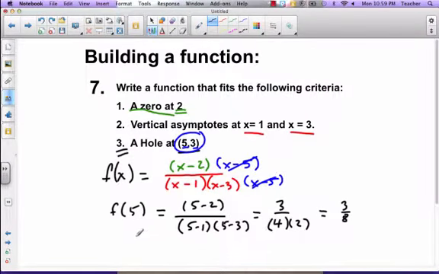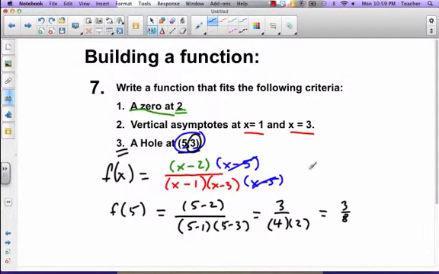Now, what this is saying is when we put in 5, we get 3/8. But remember, when we put in 5, we want to get an answer of 3. So we look at this, and we can see that if we multiply 3/8 by 8, we get our value of 3.